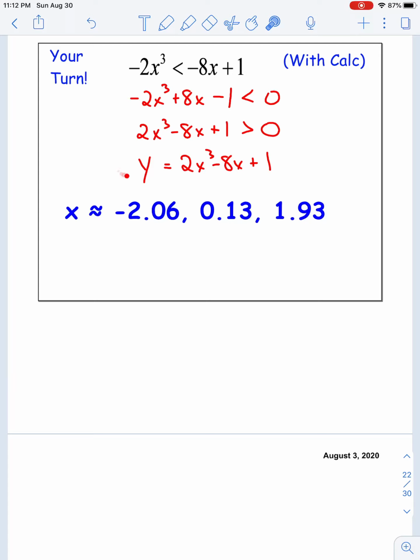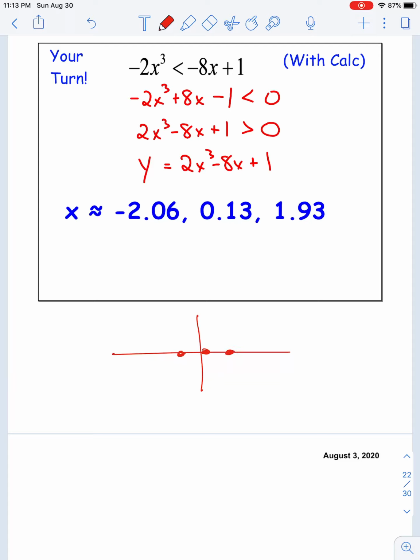And now we have this inequality, this cubic. This cubic, you're not going to find the zeros by factoring, so you are going to have to use a calculator. So you plug it in your calculator, you use second calc zeros to find the 3 zeros, and on your graphing calculator, it should be crossing the x-axis just a little bit past 0 at negative 2.06 and at 1.93.